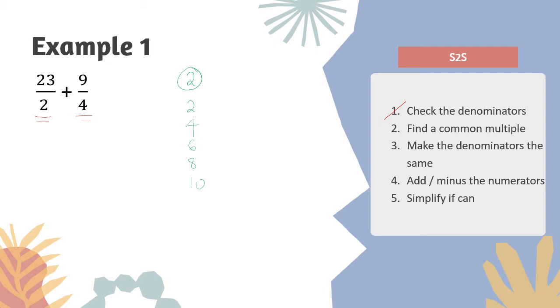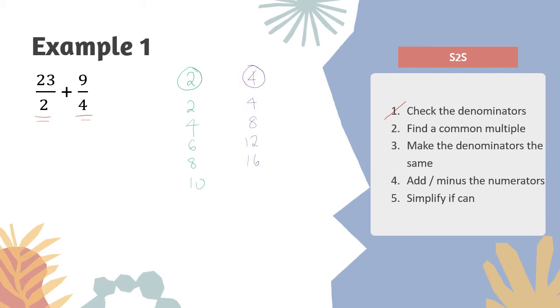Then we need to find multiples of 4. So we have 4. 2 times 4 is 8. 3 times 4 is 12. 4 times 4 is 16. So let's just stop there. Now we need to find a common multiple, meaning you need to find the numbers that are the same between multiples of 2 and multiples of 4.